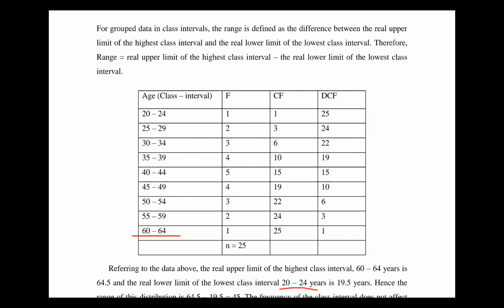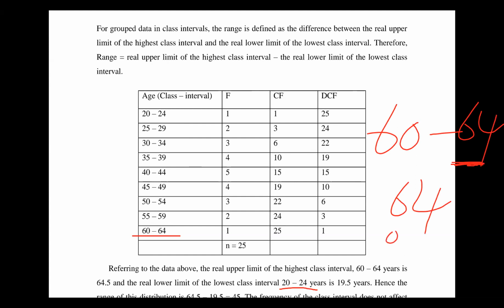People are not understanding what I mean. When you check this upper limit, between 60 to 64, you add 0.5 to the highest individual score in the highest class range. 64.0 plus 0.5 becomes 64.5.